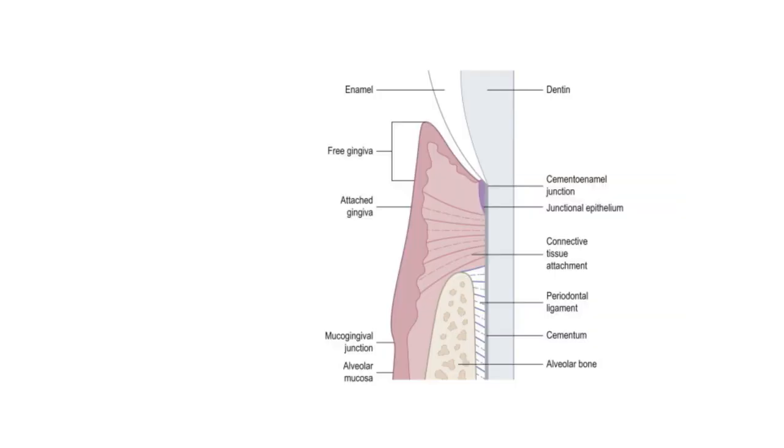And here we can see the dissection of the tooth and gingiva schematically, showing the different parts of the healthy gingiva. Let me bring the pointer. So here's the tooth surface. This is the enamel. And this part, which is the wall of the sulcus, is named free gingiva.